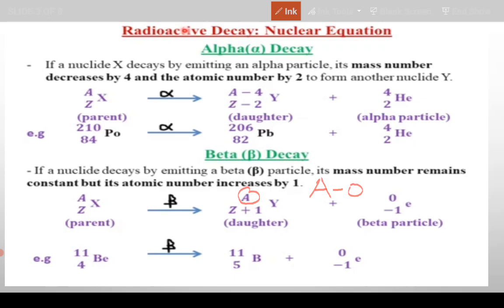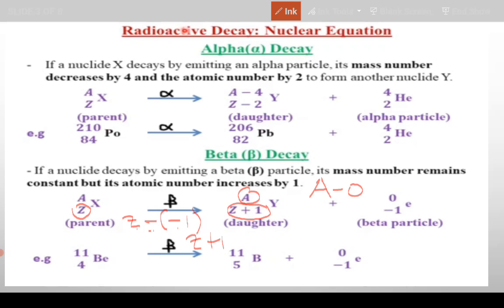How? You take the original atomic number, which is Z, and then we are subtracting the charge on beta, which is -1. So Z minus -1, a minus and a minus will give us Z plus 1. Therefore, the new atomic number is going to be Z plus 1.